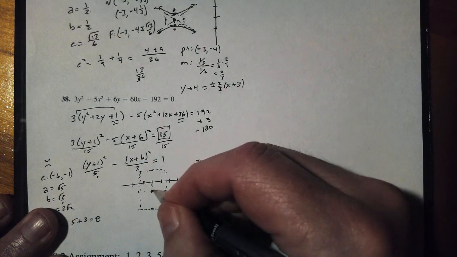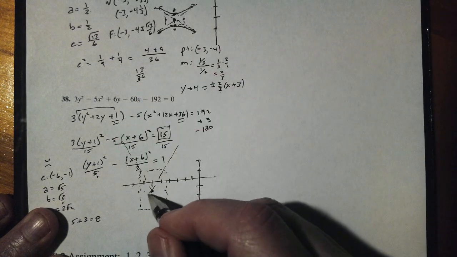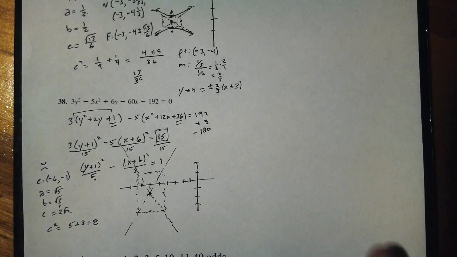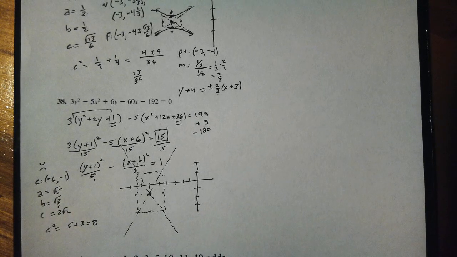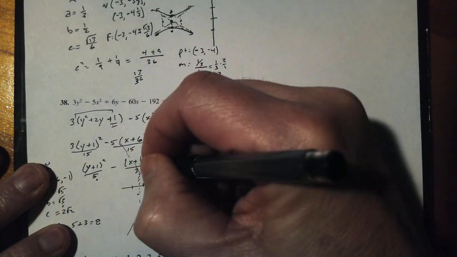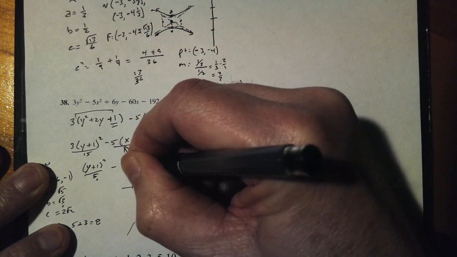I'm going to draw my rectangle through those points. Come up with my asymptotes. Oh boy, my graph is going to be invading my work up here, but it is what it is. And this is y squared. It opens up and down. So right here, right there.